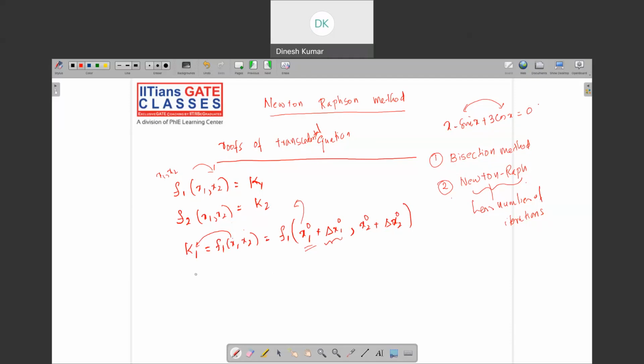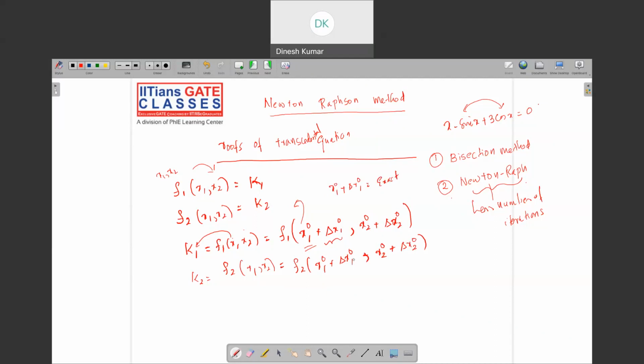Similarly, if you write k2, that is basically f2 of x1, x2, that is f2 of x1 0 plus delta x1 0, comma x2 0 plus delta x2 0. Here x1 0 plus delta x1 0 is the exact solution, and x2 0 plus delta x2 0 is the exact solution.